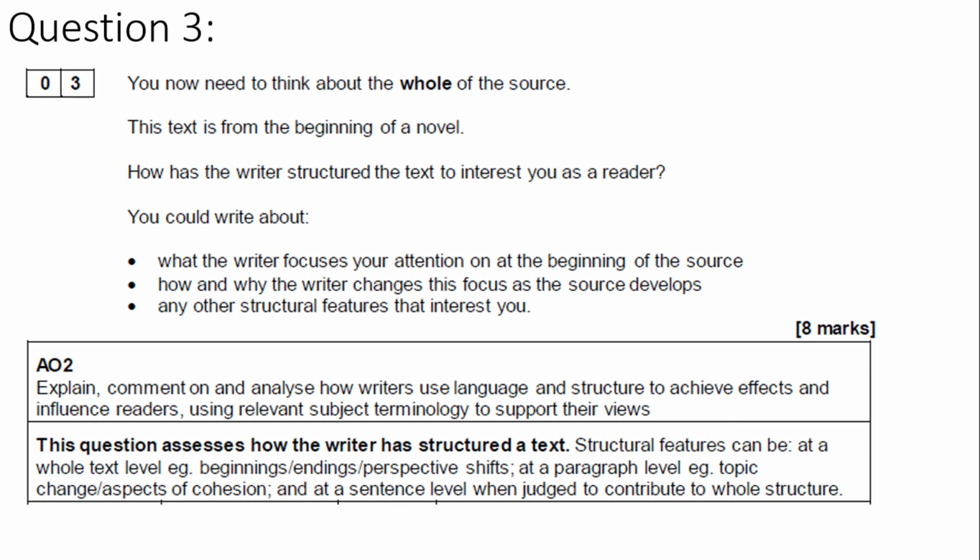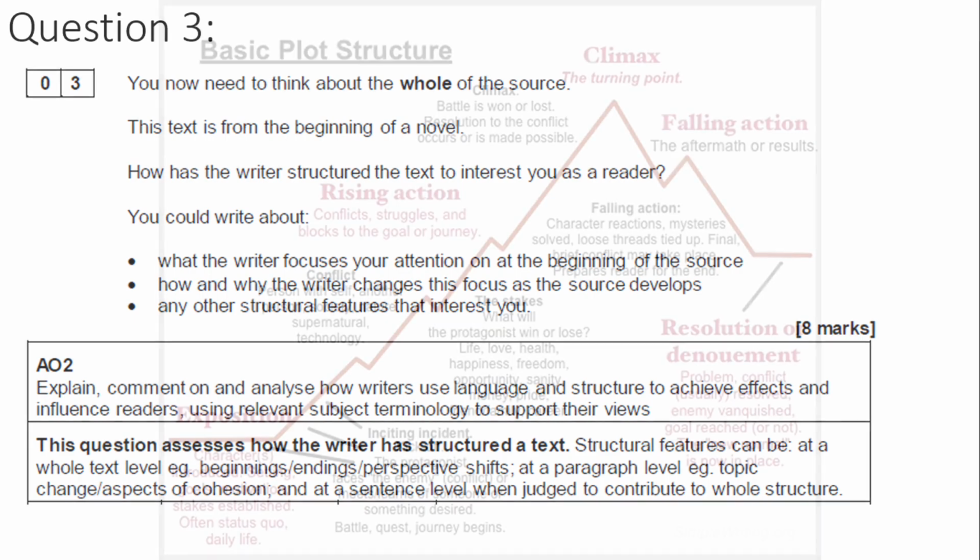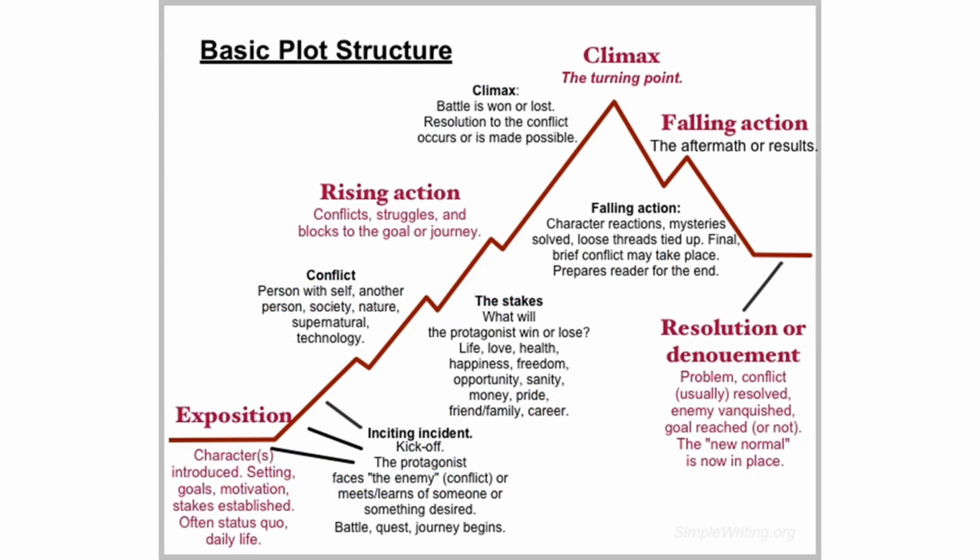So why is it important to know where the text has come from, where the source has come from within a novel? To understand that, we need to understand text structure as a whole of a novel or short story. So that means that we are going to look at what's called a basic plot structure, or sometimes referred to as a narrative arc.